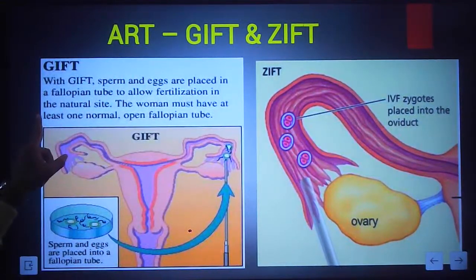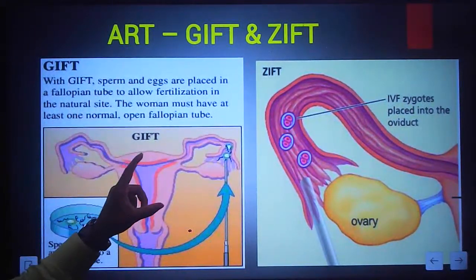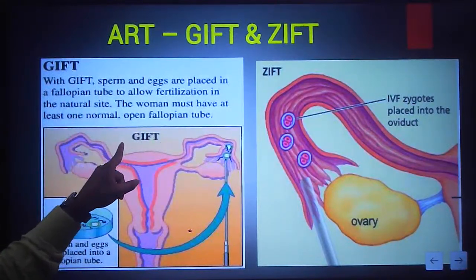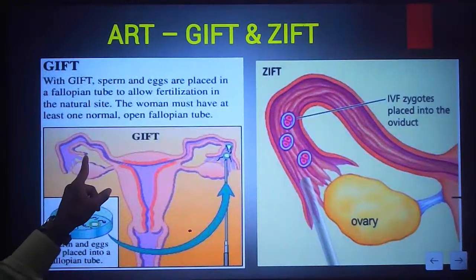Here in gamete intra-fallopian transfer, you take an egg and sperm from the human body and introduce them directly into the fallopian tube, where the fertilization occurs.